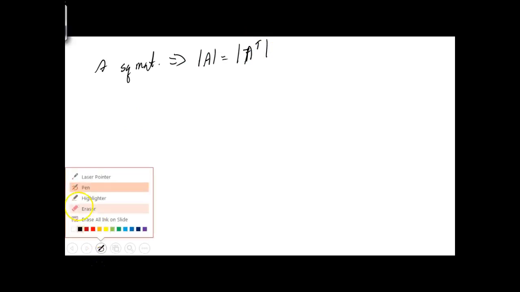So basically what it says, if A is a square matrix, then the determinant of A is equal to the determinant of the transpose of A.